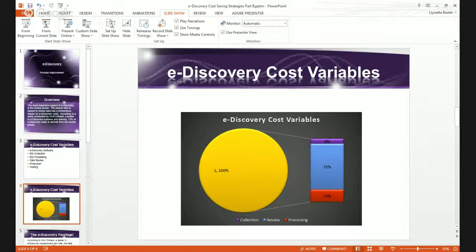So when attorneys are used during this particular phase, the cost is going to quickly add up, because just like in any other type of legal process, attorneys are billed at a higher rate than a paralegal would be billed at. So if the paralegal is used for eDiscovery, it's going to greatly reduce costs.